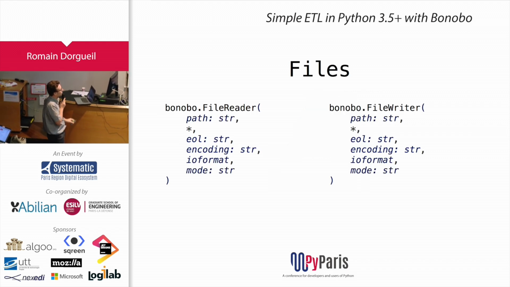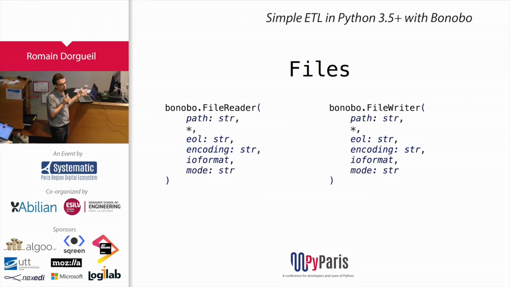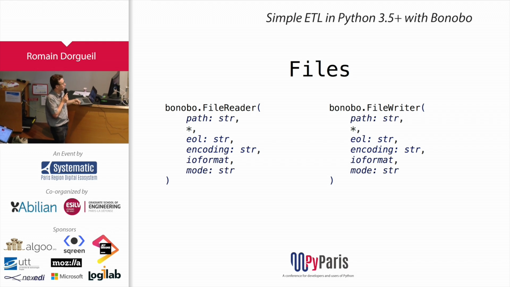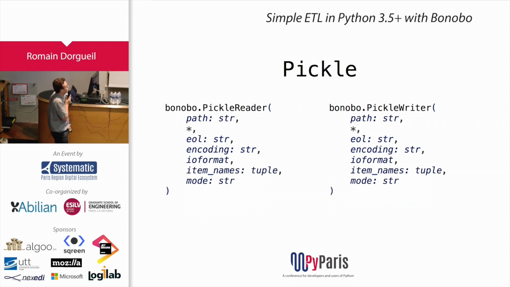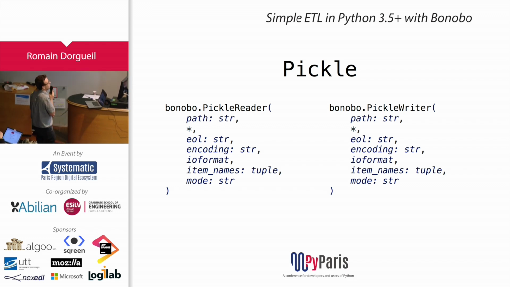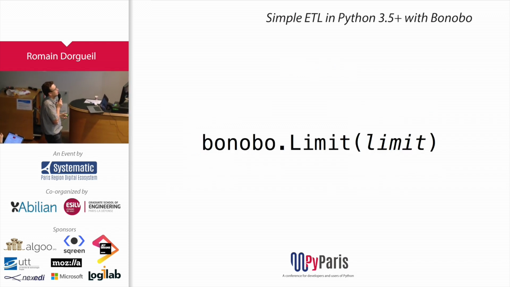So there is some kind of standard library that doesn't do a lot, but you can read files, write files, I mean like text files, line by line. You can read and write CSV, you can read and write JSON, you can read and write pickle, thanks to our first contributor that just committed something a few weeks ago.